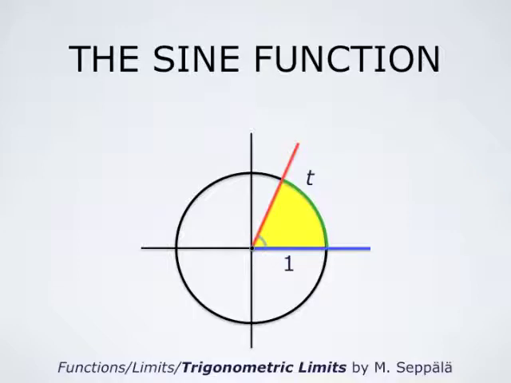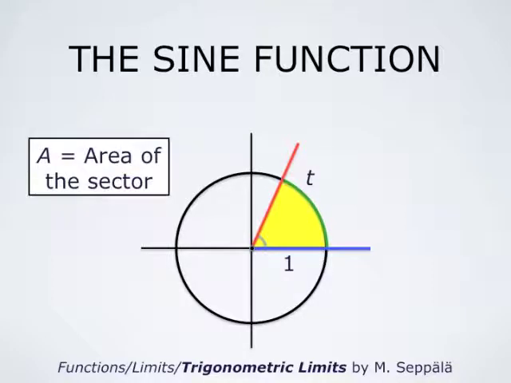To get to that inequality, consider a positive angle t as shown here in the picture, and consider the yellow sector of the unit disk. Its area is determined, of course, by the angle t.